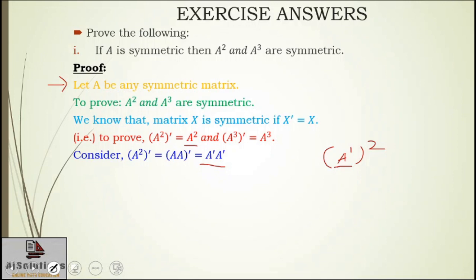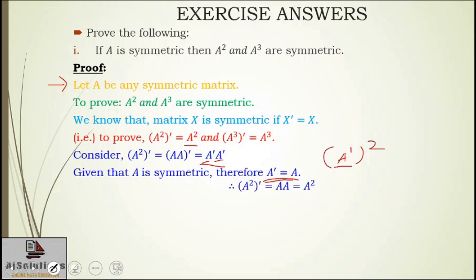Your assumption is A is symmetric. If A is symmetric, A transpose equals A. So you will put A in place of A transpose. This A transpose will become A, even this A transpose will become A, and you will get A into A. And A into A is A square, which is the required RHS. So your proof is done.